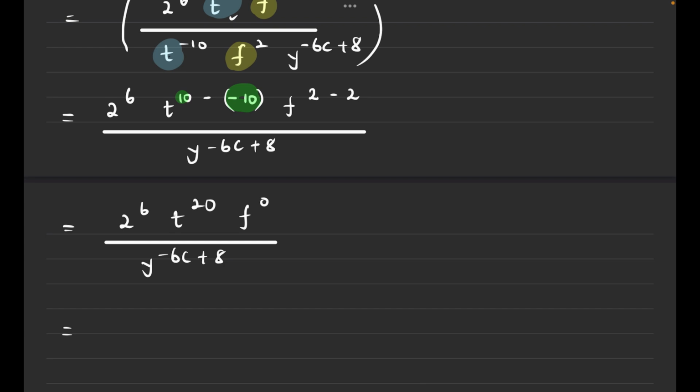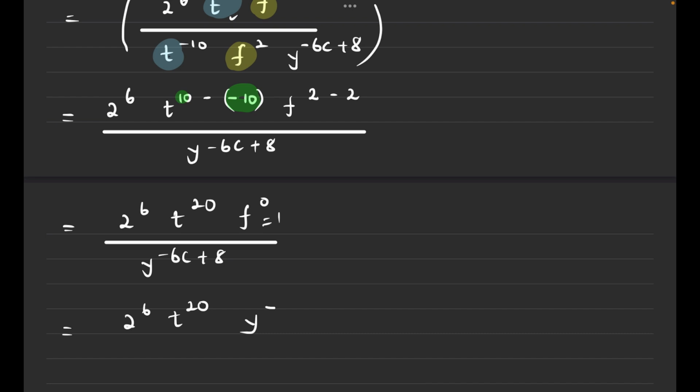Okay, guys, so right now, f to the 0, what is f to the 0? So this equals to 1, right here. So I have 2 to the 6th, t to the 20, and then this y, I can bring it here, all right? So now what happens is that the sign of its exponent is going to change.